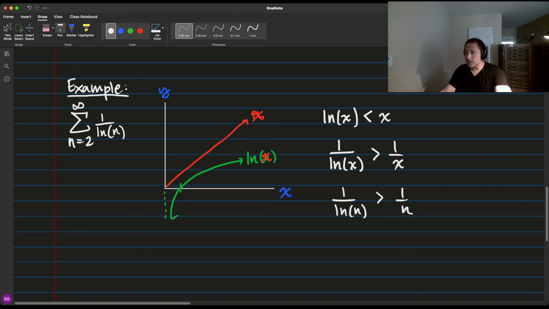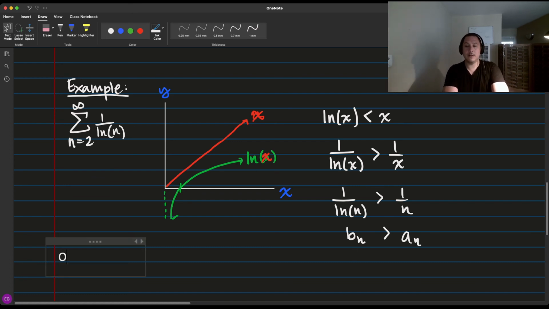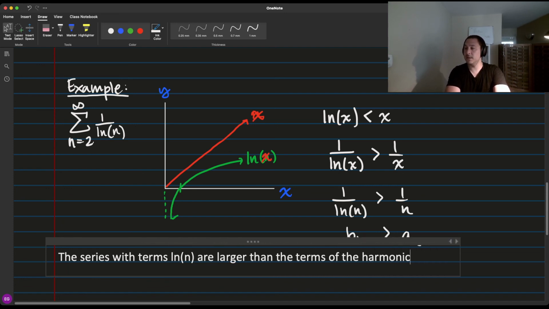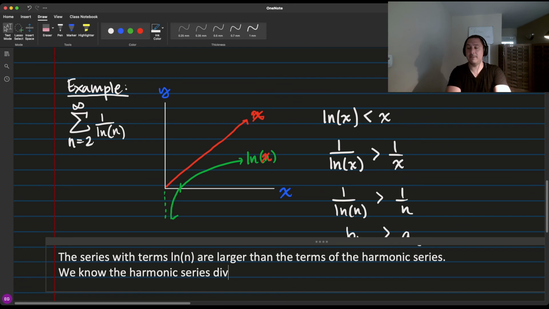The 1 over n will be my an, the 1 over natural log n will be my bn. Now what we know is that the terms of 1 over natural log n are larger than the terms of the harmonic series, and we know the harmonic series diverges.